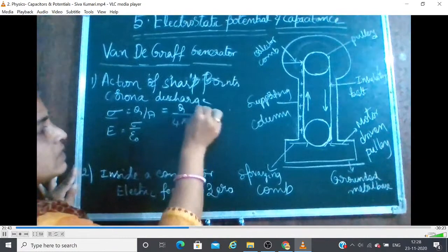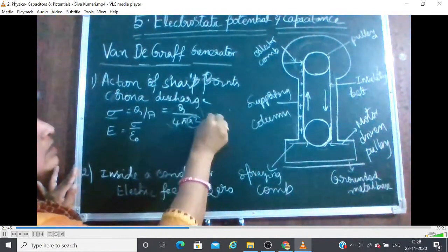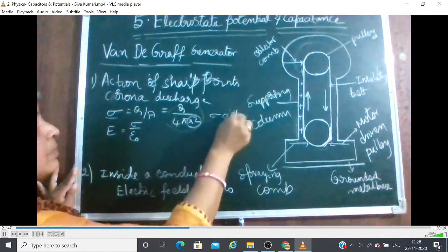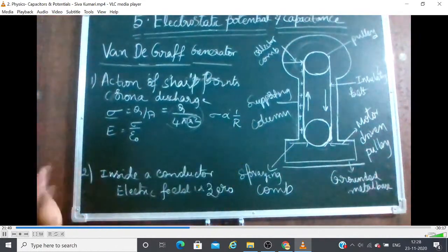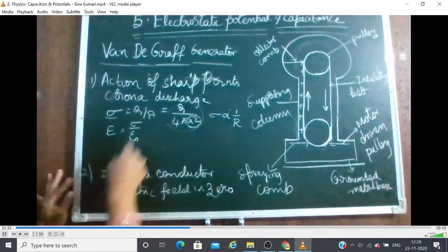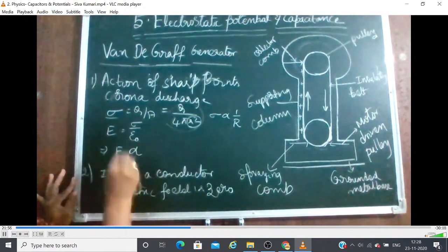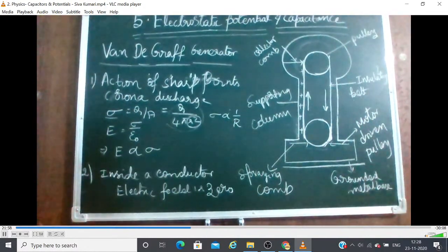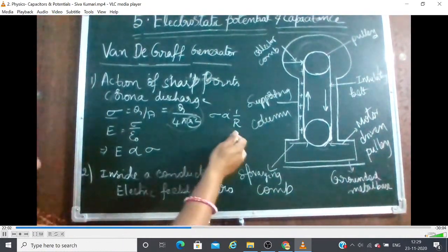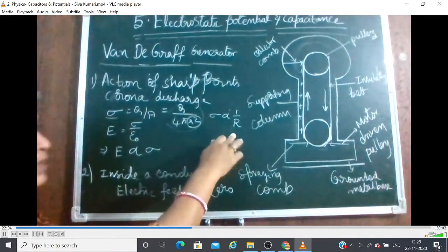From this equation, the surface charge density is inversely proportional to the radius, and the electric field intensity is directly proportional to the surface charge density.